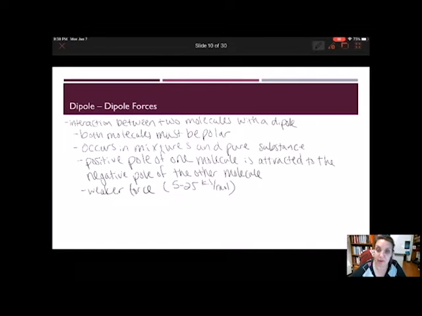And we see it in something like formaldehyde. So with formaldehyde, we have a structure that looks like this. We've got a partial positive area here, partial negative area here. That's going to be attracted to another formaldehyde molecule, like so.